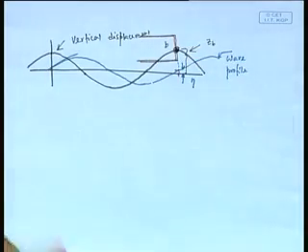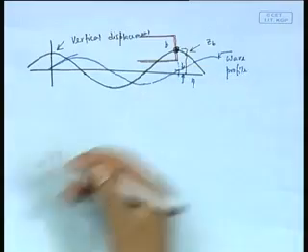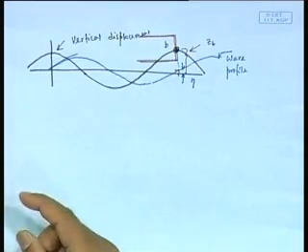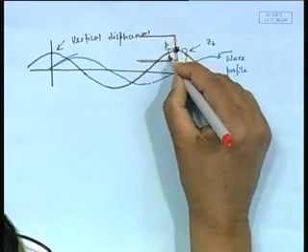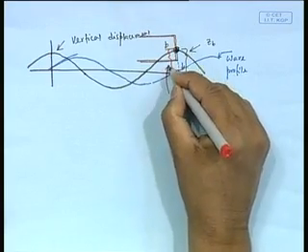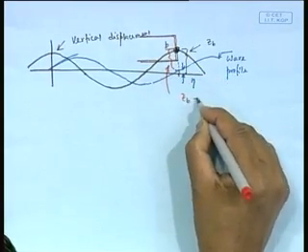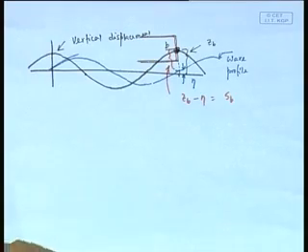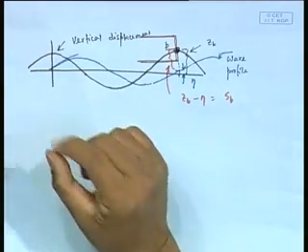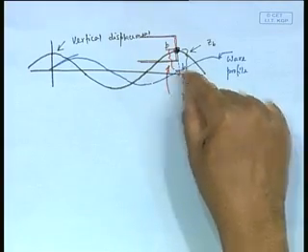So this distance, again with the red maybe, is ZB minus eta equal to SB, what we can call the relative vertical displacement of point B. Relative means how high it is with respect to the water profile.